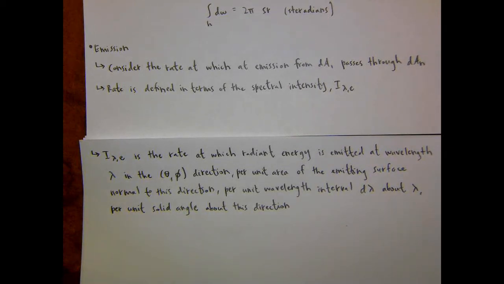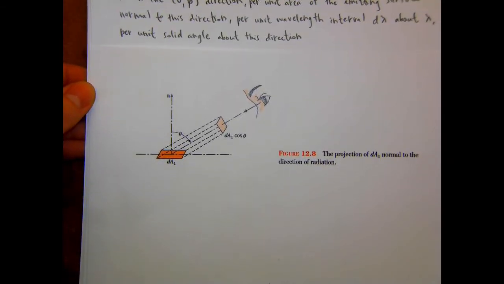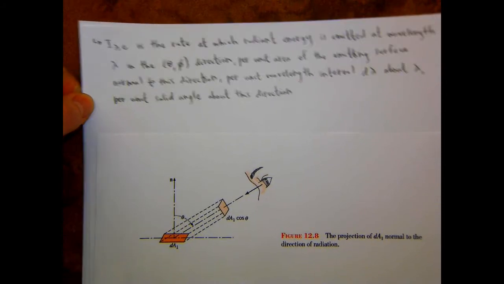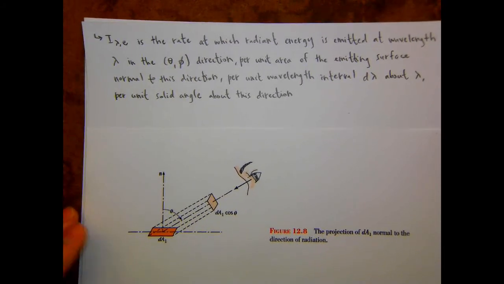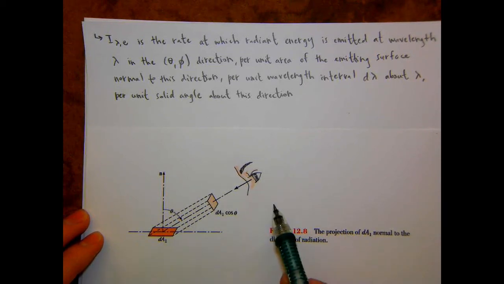And for intensity, the per unit surface area is per unit area of the emitting surface that's normal to the direction of emission, which is a little different from our typical surface area definition. So here's kind of what that looks like. It's basically just the projected area of dA1 in the direction of emission.